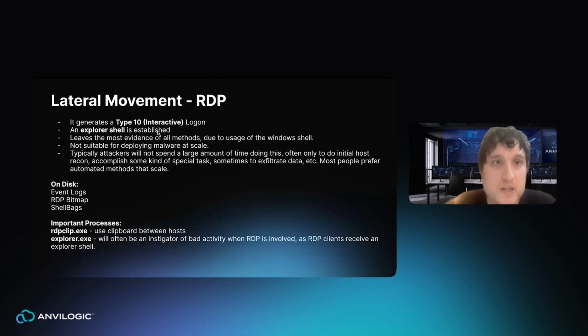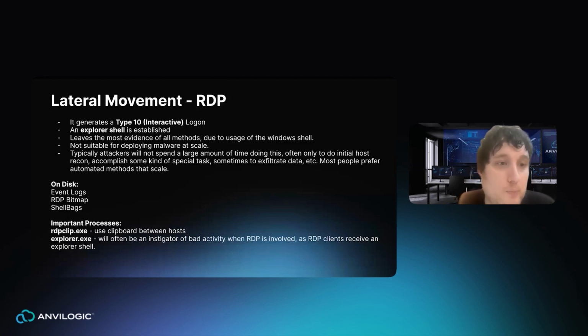The reason RDP generates so much evidence is it establishes what's called an Explorer shell, which means that there is special stuff that happens when an Explorer shell is established. It generates more evidence in a bunch of ways. It'll show stuff in shell bags, stuff that involves browsing directories with Explorer. That will give you hints as to what the attacker was looking at in some cases.